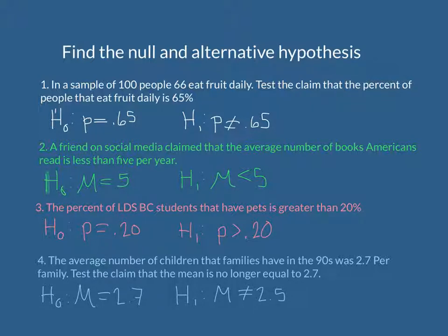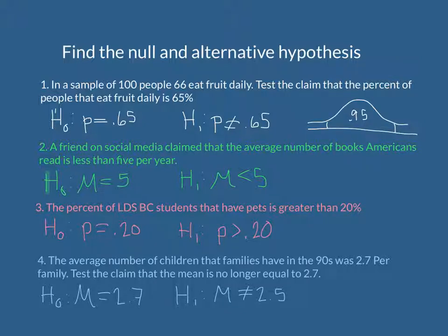What we will end up doing is we will take the null hypothesis and the alternative hypothesis, and we're going to find a test statistic, and we're going to see if we lie in the null region or the alternative region. So on these, we'll have a 95% confidence level. That 95% or 0.95 will relate to the null hypothesis.